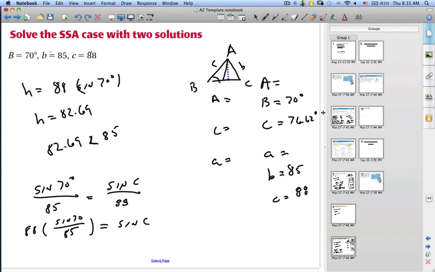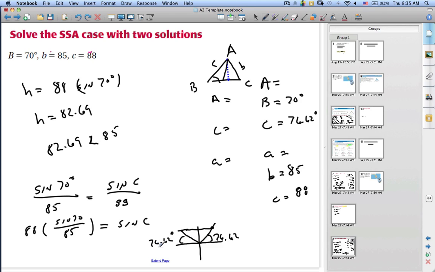76.62 degrees. Now, when we think about that, remembering that sine is equal to y, okay? So over here, I have 76.62. Now, what other angle is going to have that same sine? Well, it's going to be this angle over here, right, where I have 76.62 as the reference angle.